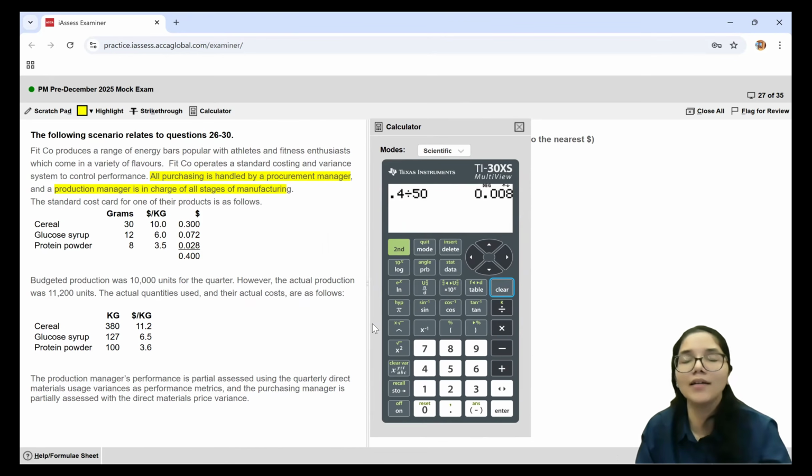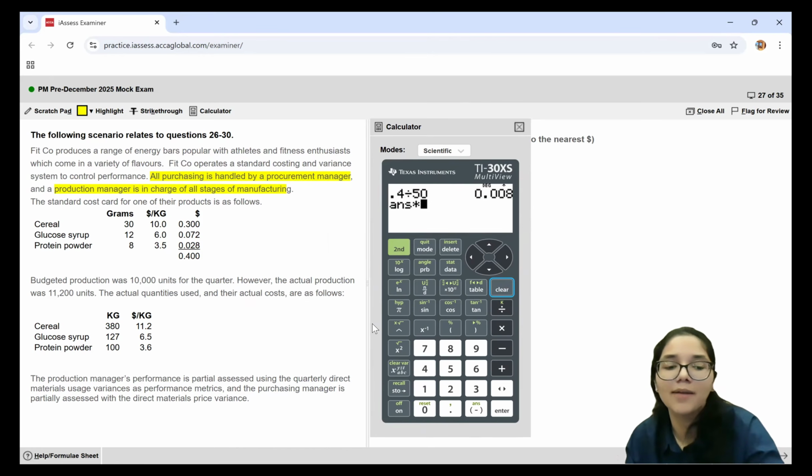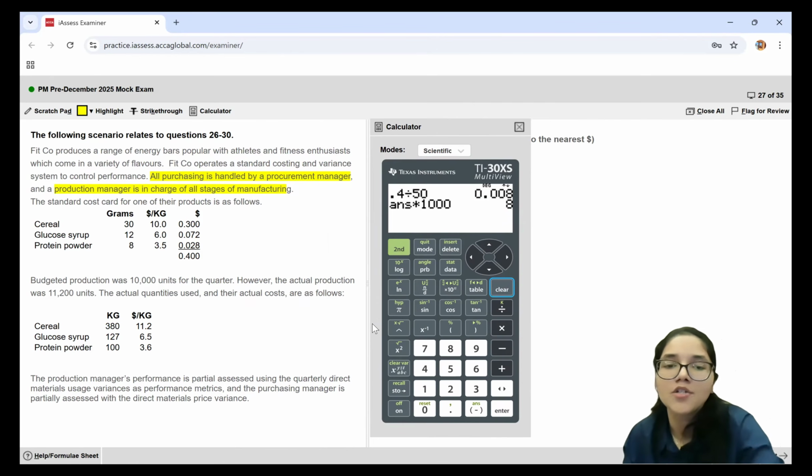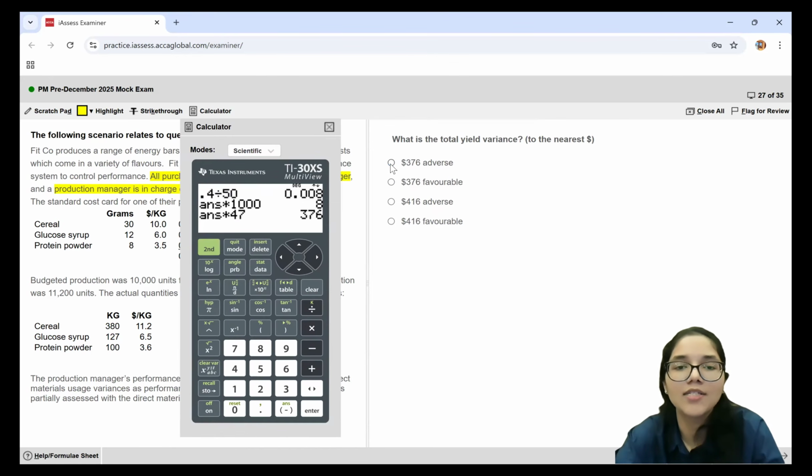To convert grams into kgs, we have to multiply by 1000. So that means per kg of the bar costs me $8 to manufacture. So 8 multiplied by the 47 kgs extra which I had taken gives 376 adverse. This is what my final answer should look like.